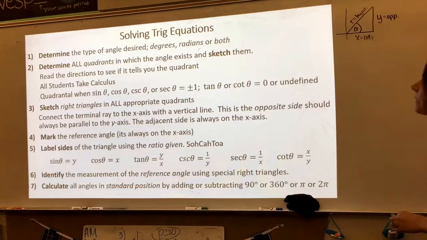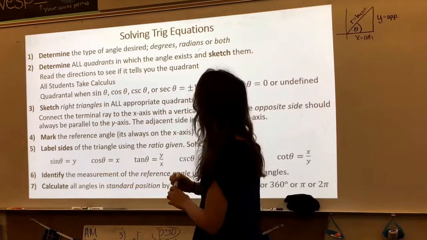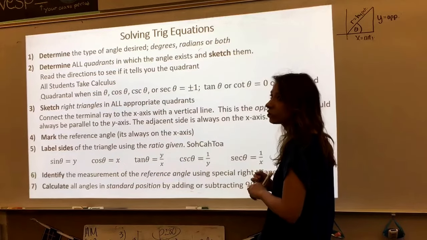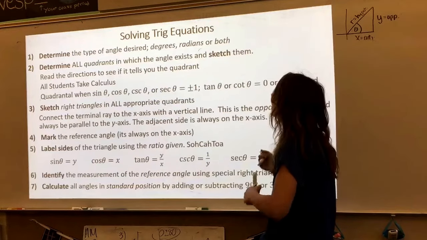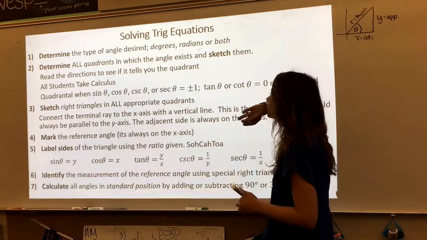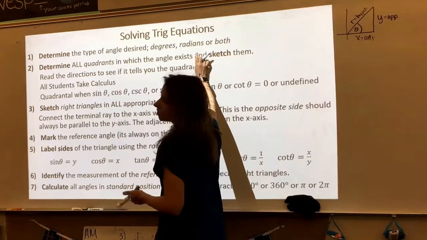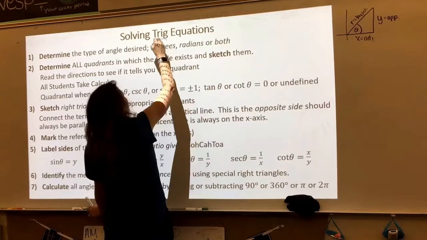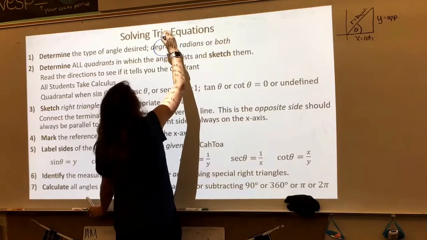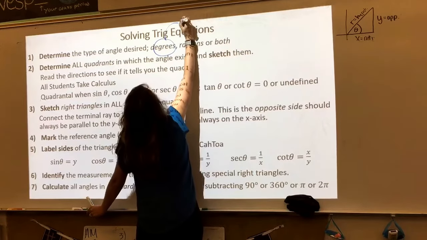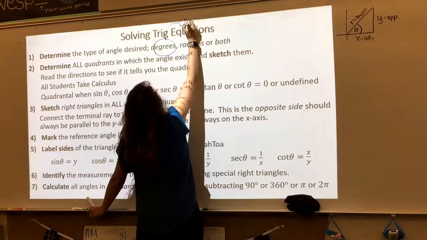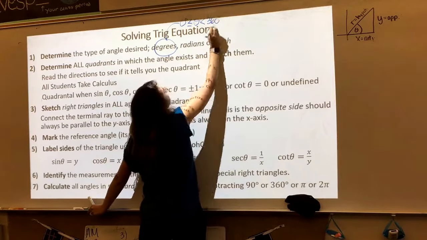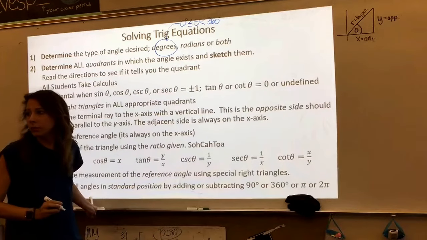Oh, that's why. Okay. The first thing you want to do is look for the type of angle that the question is asking you for. In Math 3, I remember students getting confused and always doing their answers in degrees, and I marked them down. So, it's only degrees if the instructions say 0 degrees to 360, okay? That will mean degrees.